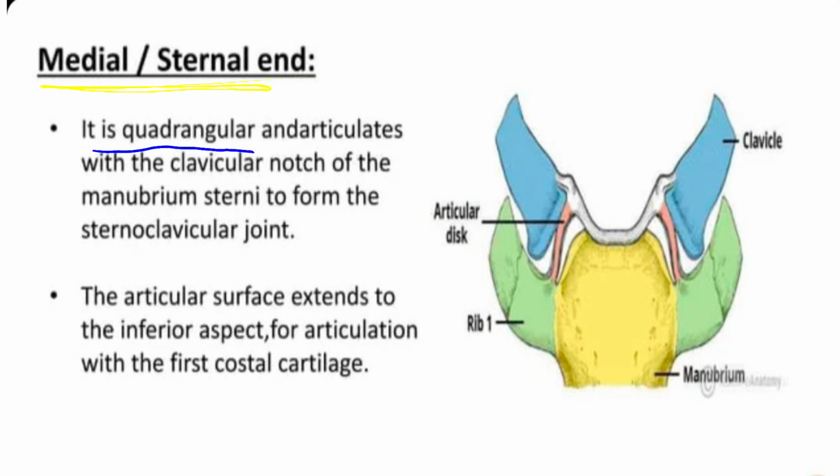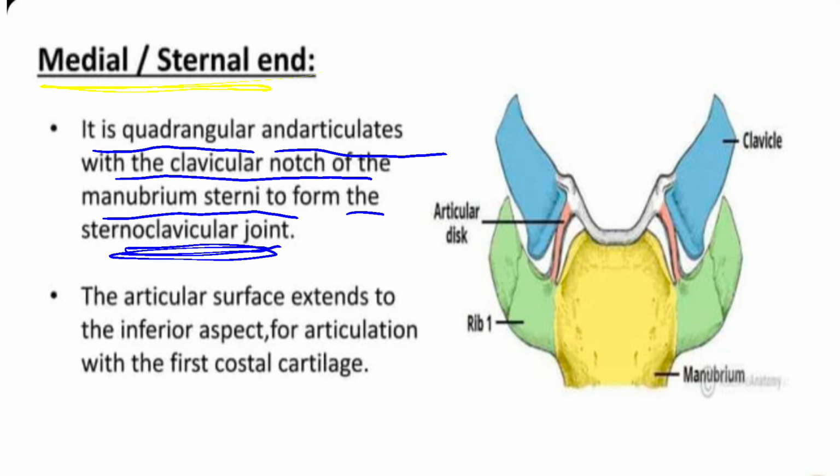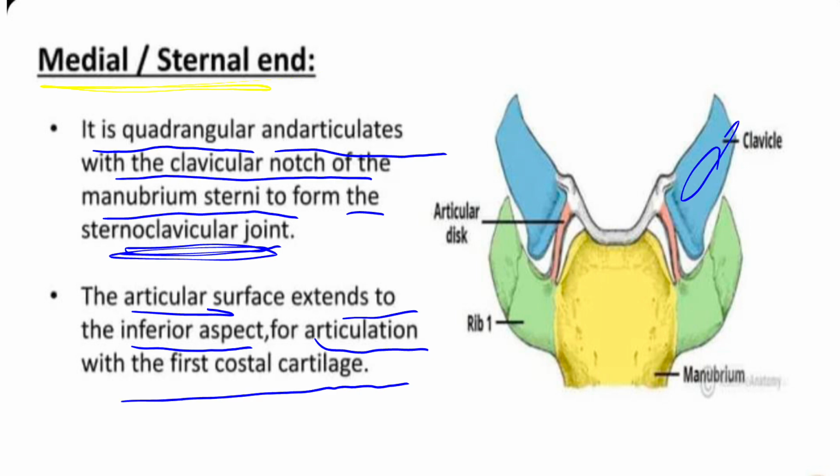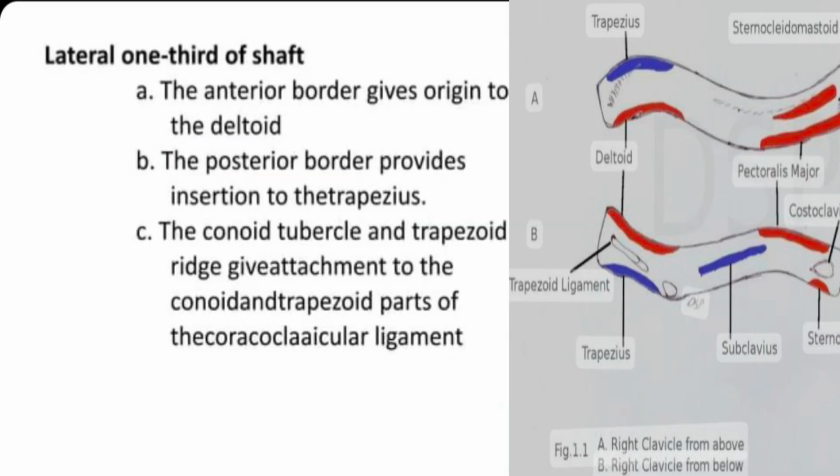It is quadrangular and articulates with the clavicular notch of the manubrium sterni to form the sternoclavicular joint. The articular surface extends to the inferior aspect for articulation with the first costal cartilage. In the diagram, the blue color is the clavicle, and the red color one is the articular disc, which articulates with the inferior aspect with the first costal cartilage.